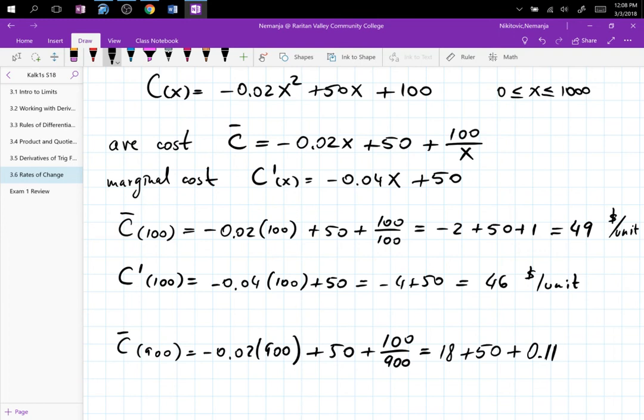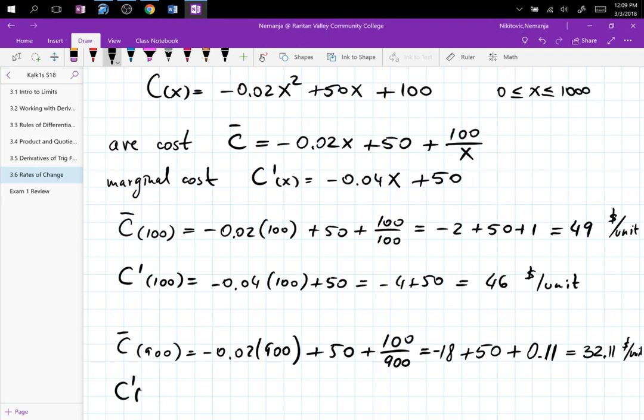Because 1 divided by 10 would be 10 cents. Yes, negative 18, drop that negative. So now what do I have? 18, and this is 32. So 32 and 11 cents dollars per unit.